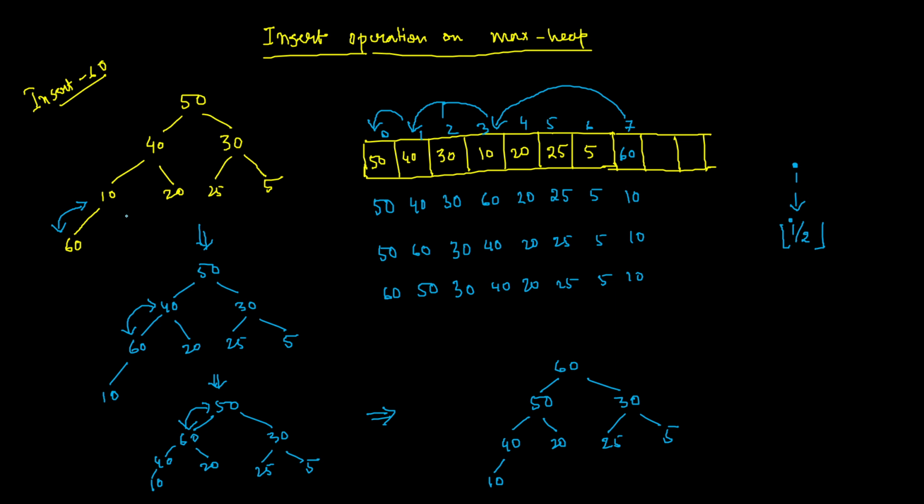So basically with respect to this tree, you start from here, you jump to this position, then jump to this position and jump to this position. You don't need to go through this other part.